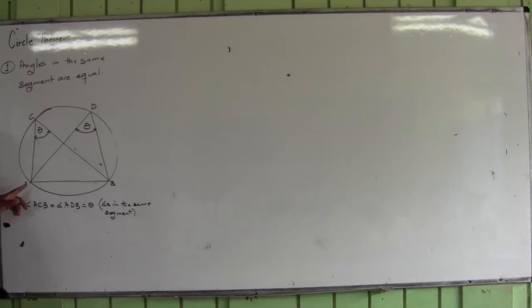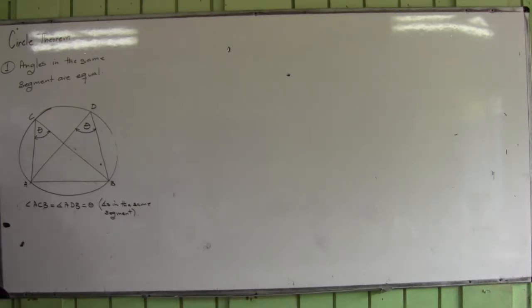Note also that the angles have the same starting point and the same ending point. Please listen. So the two angles start at A and both end at what? B. And the two angles are formed at the what? Circumference in the same what? Segment. Angles which are so formed are called angles in the same segment, and angles in the same segment are equal.